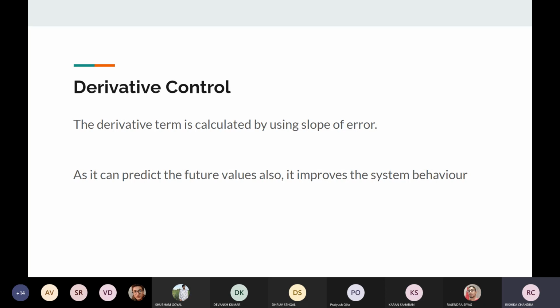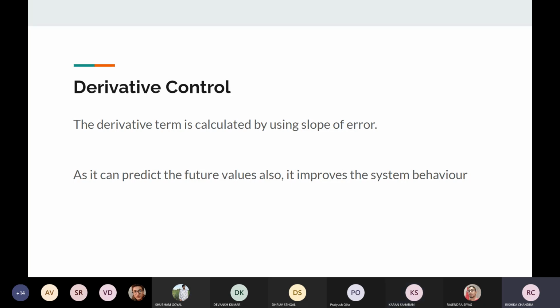Then this derivative control will amplify it. It will make it larger and larger, so this can affect the control action. To cure this, we attach it with filters. You need not worry about that as of now. It isn't much significant.